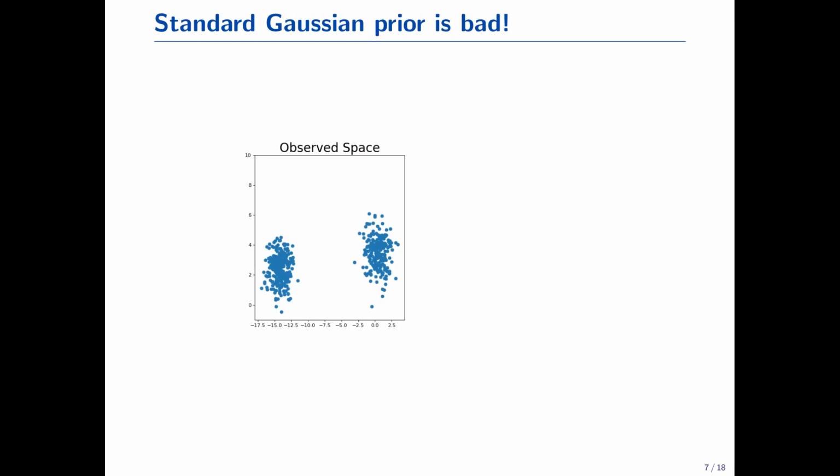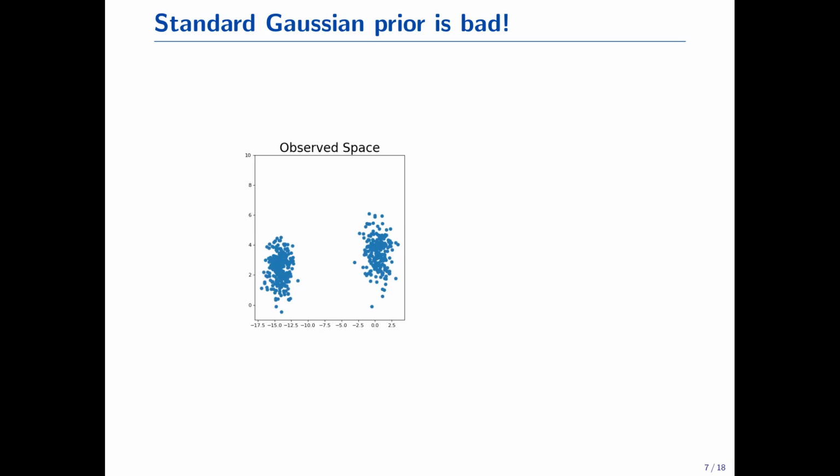To demonstrate the need for a more complicated prior in a variational autoencoder model, let us consider the following toy example. Let us have observed data where the data comes from a mixture of 2 Gaussians. We are in 2 dimensions, and we want to be able to learn the distribution of this.